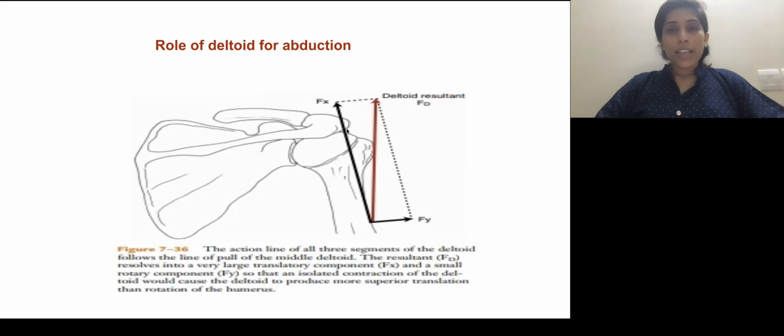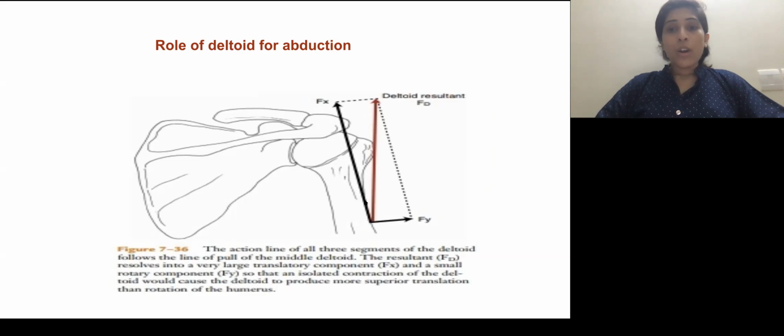Here you can see that Fx is larger compared to Fy. The Fx force is more than the Fy. So we can say the rotational force is quite less to provide the rotation motion at the glenohumeral joint.